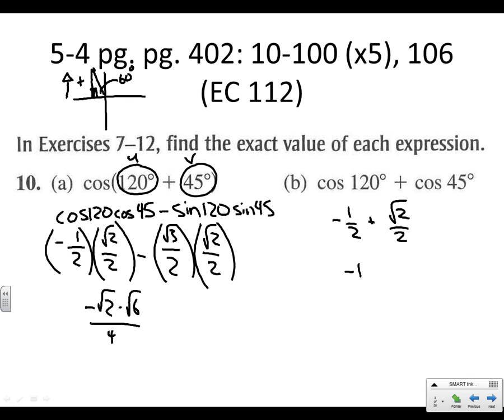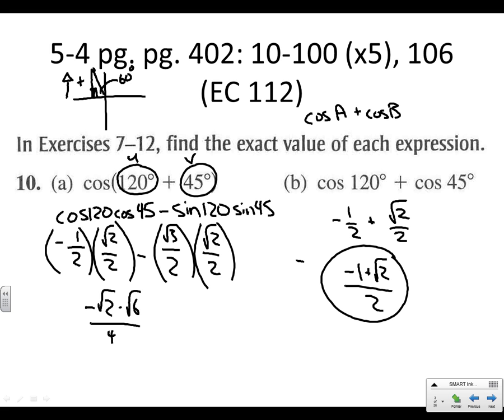So this is going to be negative 1 plus root 2 all over 2. And so you can see now that cos A plus cos B, which is our answer here, is much different than cos A plus B, which is our answer here. You'll get different values depending on what we do.